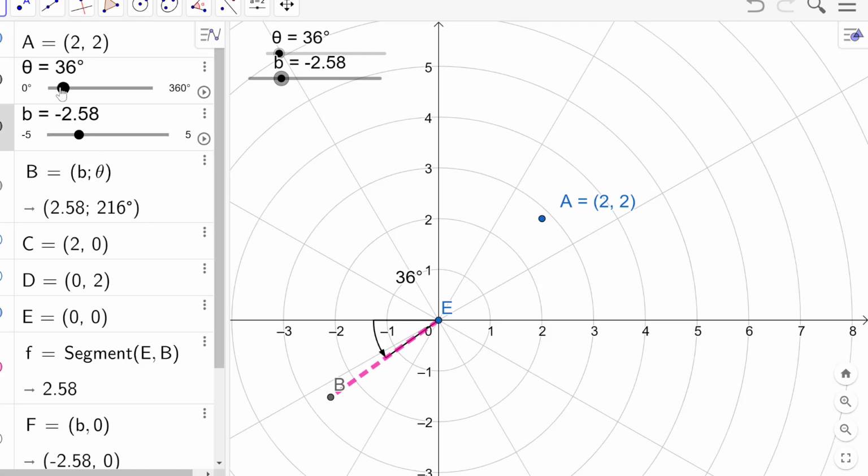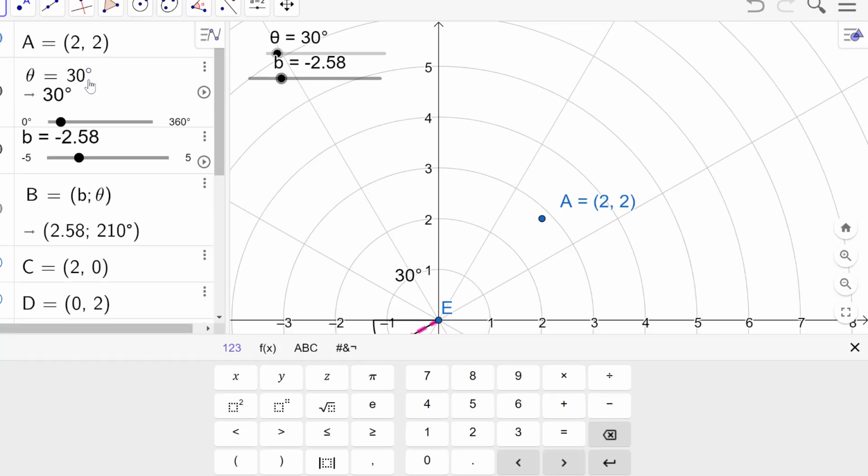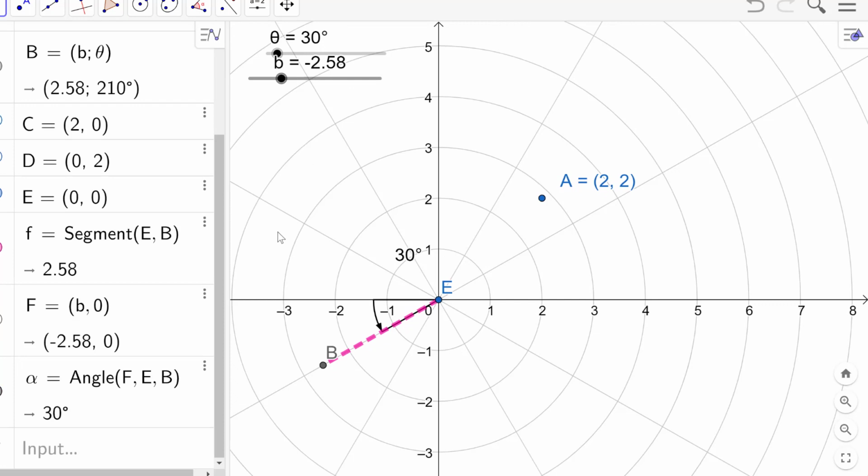If I make theta 30 degrees, just so we can use a common angle, and I say B is equal to negative 2.5, this would be the same as finding the whole angle, 210.